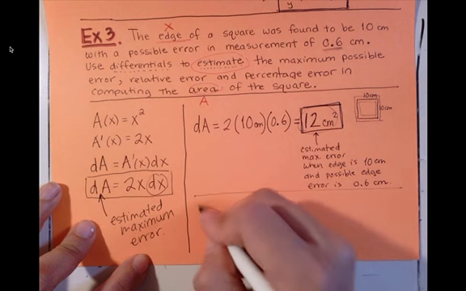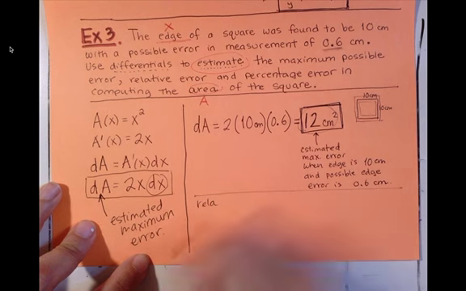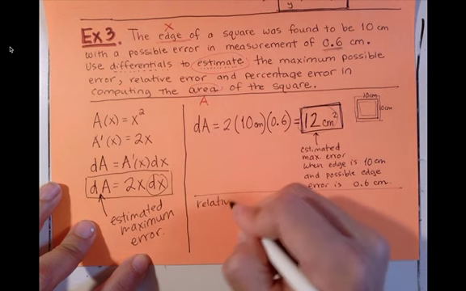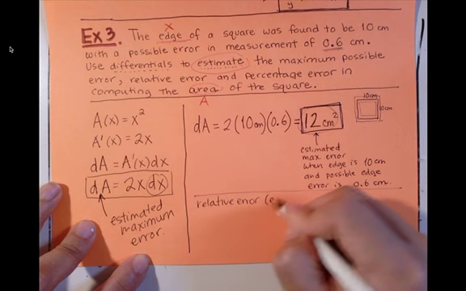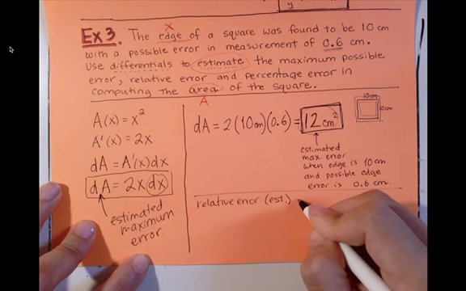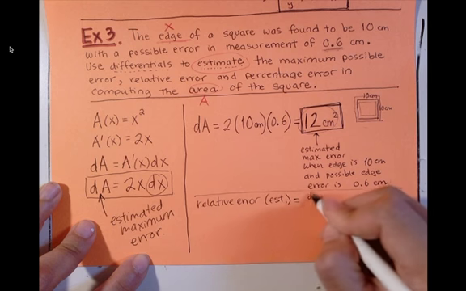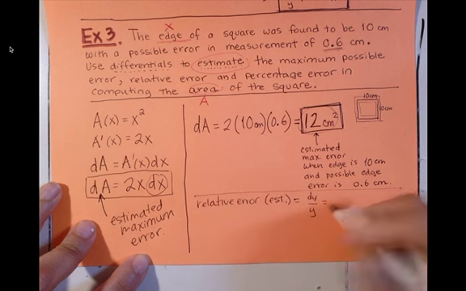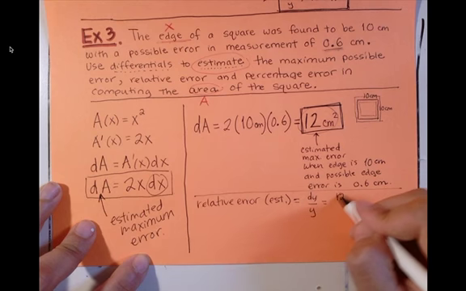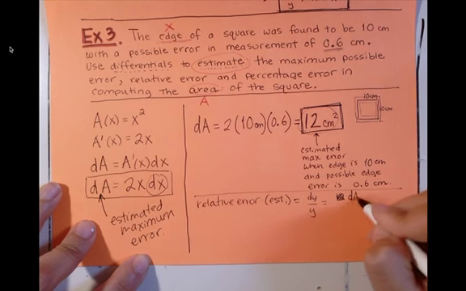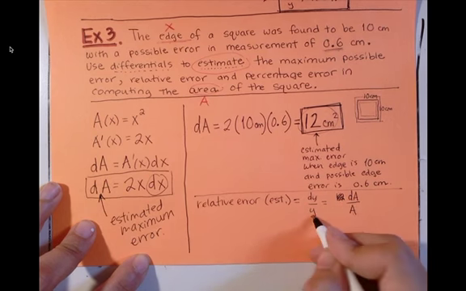Using that, we're going to say that the relative error, and again, this is an estimate, is equal to dA over A, since I'm using A for my function.